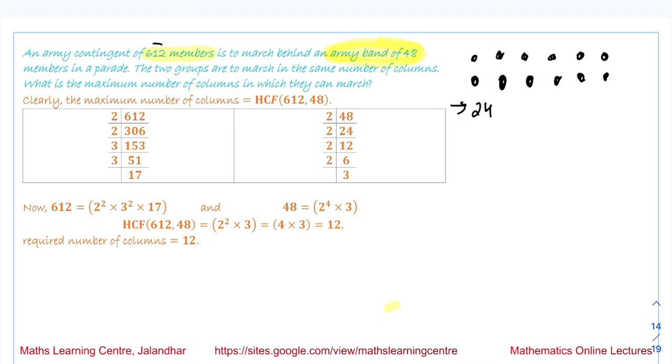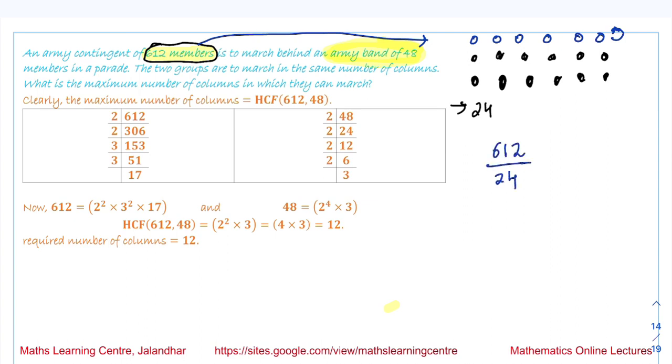Now 612 members of army have to march behind them. 24 are there, then next 24, next 24. So if we look at 612 divided by 24, the answer we will get is 25.5.